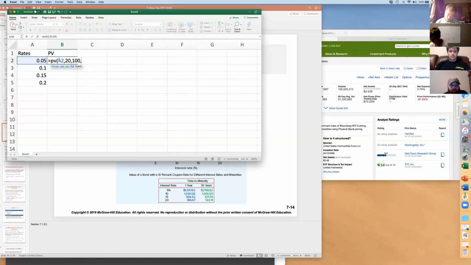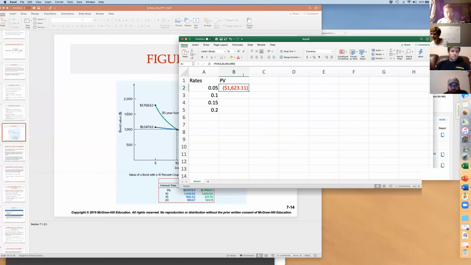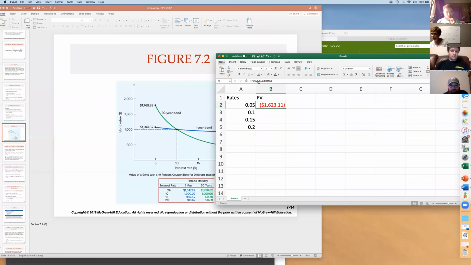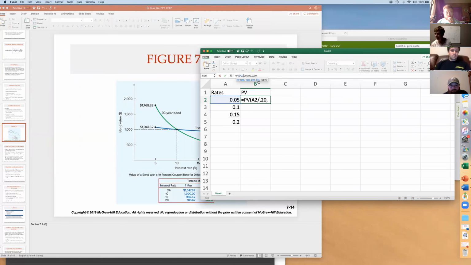And then the par value is $1,000. And actually, since we couldn't reproduce it, we know the answer is actually 1768, and it looks like they are using semi-annual compounding. So I'm going to divide everything by 2. The interest rate's divided by 2, and the number of periods is multiplied by 2.